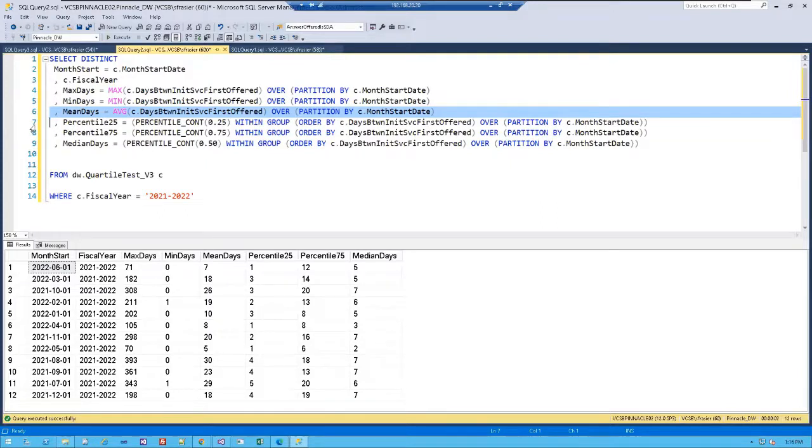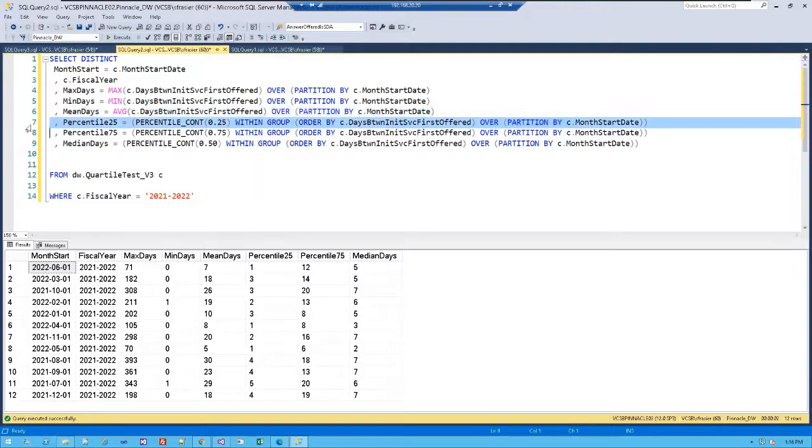And then we want to know where the bulk of our data resides. That's our central tendency, between the 25th and the 75th percentile. By using a windowing group, the within group function in SQL, we can group by the month start date and order by the days between initial service and the first offered.